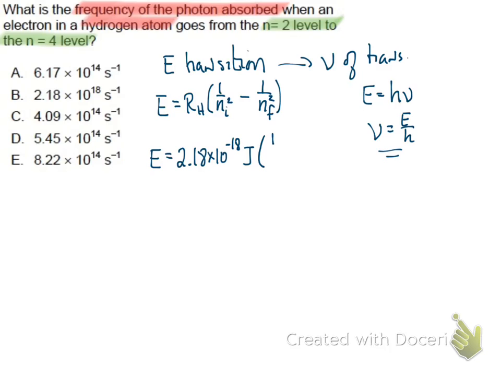Then we need 1 over our initial level squared. Our initial level is just where we begin, so n equals 2. So that's going to be 1 over 2 squared, minus 1 over our final level squared. Our final level is just where we end up, n equals 4. So it's going to be 1 over 4 squared.